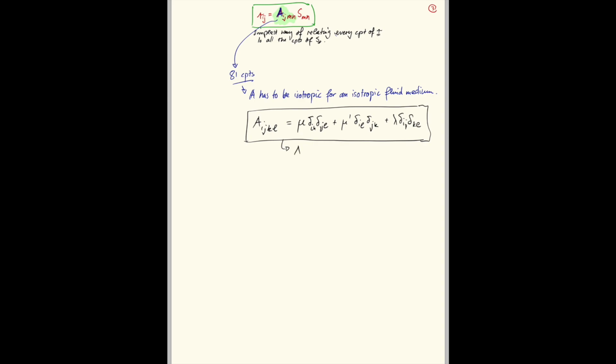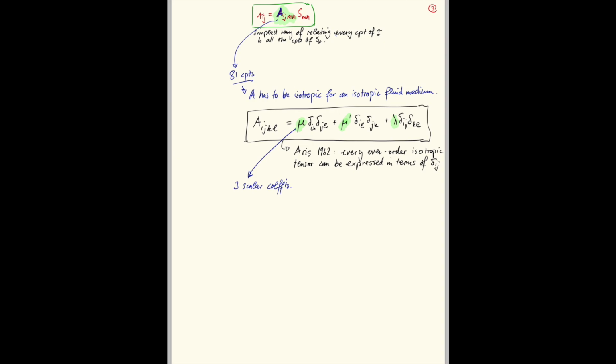And this goes back to Aris 1962. And the three coefficients here, mu, mu dash, and lambda, are three scalar coefficients that are thermodynamic properties of the fluid. In particular, as we will see, they represent the viscosity.